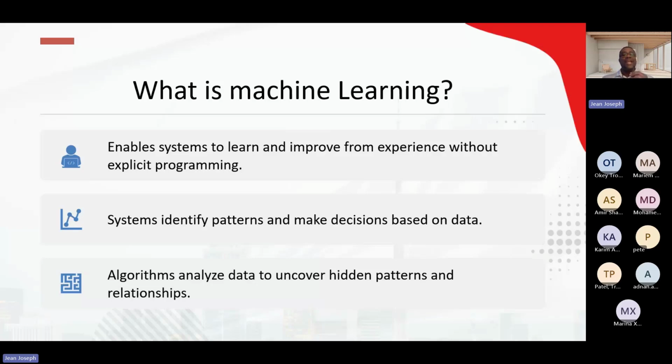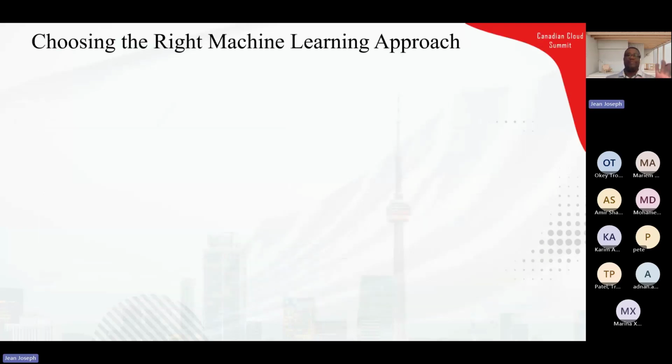This session is designed to cut through that confusion by focusing on the core differences and use cases, right? So you will walk away knowing exactly how to match your problem to the right model. Did I say problem? Yes. Let's focus on the problem, right?